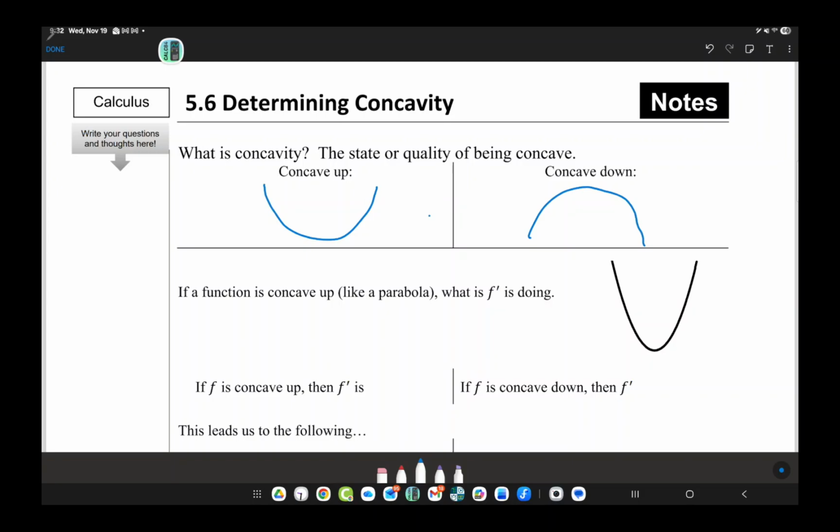Now, if a function is concave up, like this parabola, then f prime, since this is decreasing and then increasing, is changing from negative to positive.